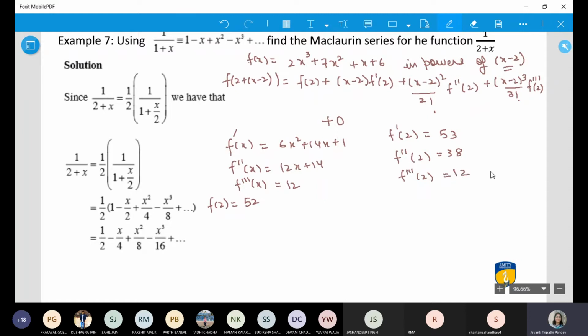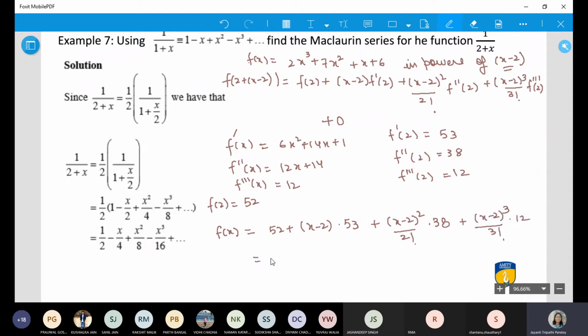Ask if you are not clear. So f(2) is 52. So f(x) is equal to 52 plus (x minus 2) f'(2), so that is 53, plus (x minus 2) square by factorial 2 into 38 plus (x minus 2) cube upon factorial 3 into 12.